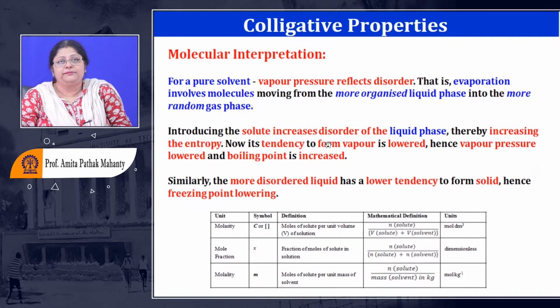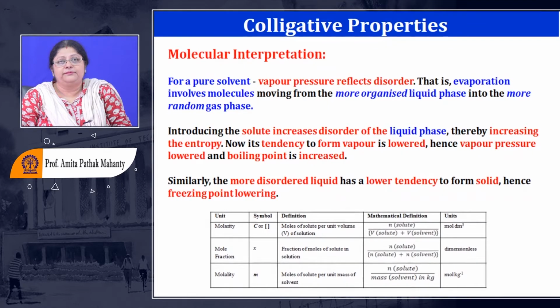But when we say that it is a colligative property, the chemical potential difference of a species in a solution does not arise because of AB interaction, the interaction between the solute and solvent molecules, but because of the entropy effect. So to understand the entropy effect, we compare the solvent and the solution, and in the solution you have the solute dissolved, which imparts more disorder in the liquid phase.